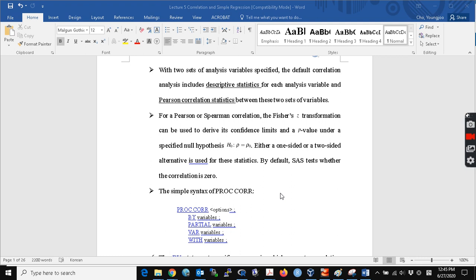By default, SAS tests whether the correlation is equal to 0, so this rho 0 is 0. If the p-value is less than 0.05, we reject the null hypothesis, which means that the correlation is significantly different from 0. And if the p-value is greater than 0.05, then we say the correlation is not significantly different from 0.